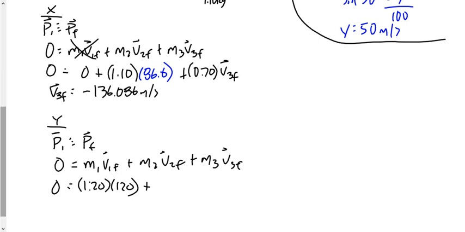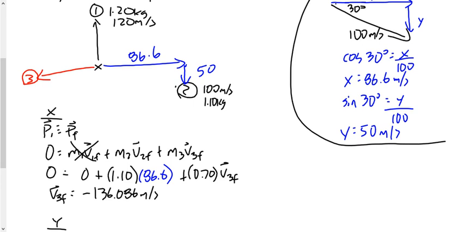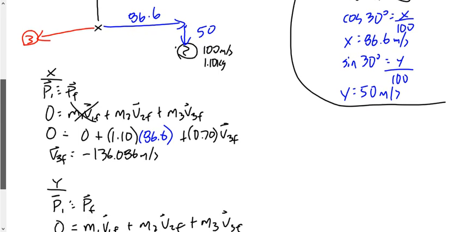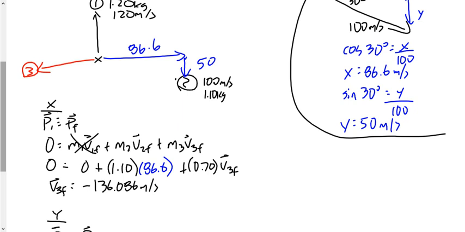The second mass is 1.10. What's v2f? 50? Close. Negative 50 because it's down, right? It's easier for us to visualize this if we have it drawn like we have it drawn there.